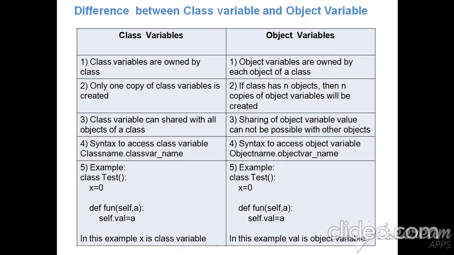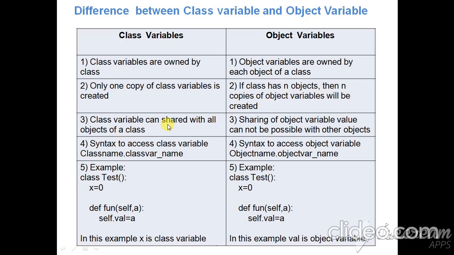So what is the basic difference between a class variable and an object variable? Class variables are owned by the class, and object variables are owned by each object. Second, only one copy of a class variable is created; if the class has n objects, then n copies of object variables will be created.